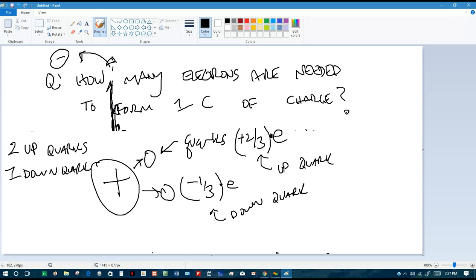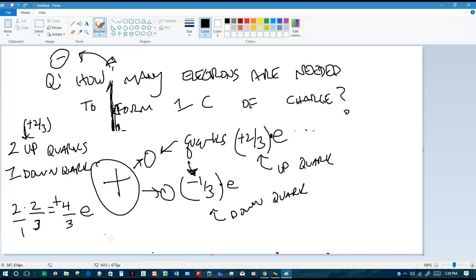Because what is the charge of an up quark? Positive 2/3, right? So what is 2 times 2/3? It would be 4/3, right? And that would be positive. But since a proton is also made of 1 down quark, remember that the down quark is negative 1/3?